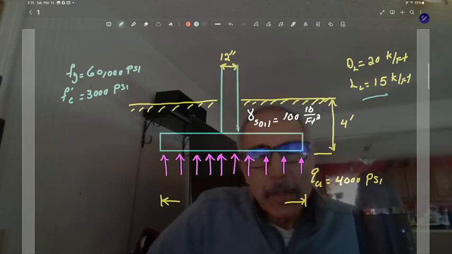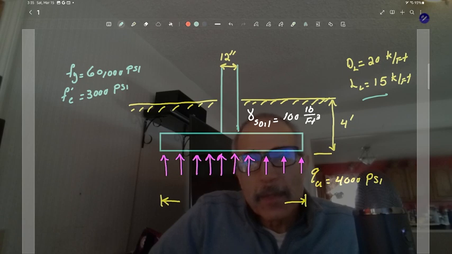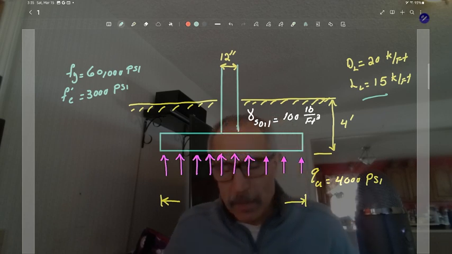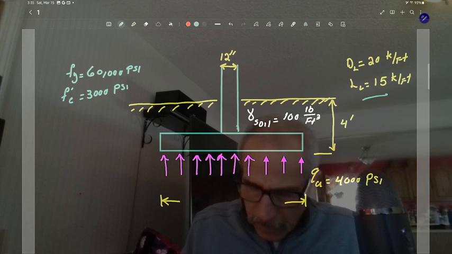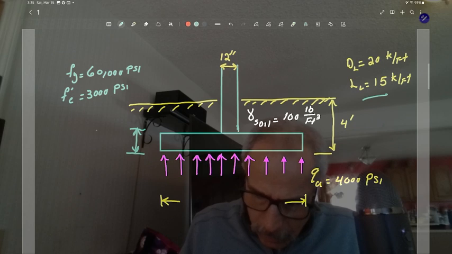Okay, so here's a drawing of it with the sketch on it. We see a dead load 20, live load 15, and all the information that was in the problem is right here with the soil bearing pressure 4,000 psf. To do this, we really have to assume the thickness of the footing right here.